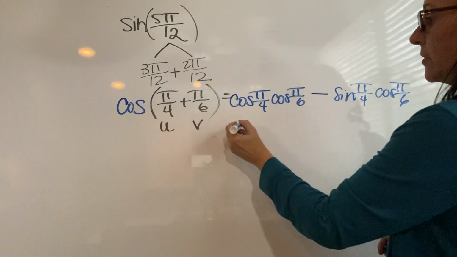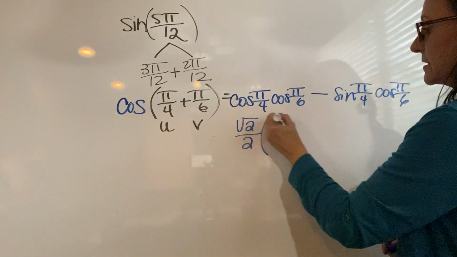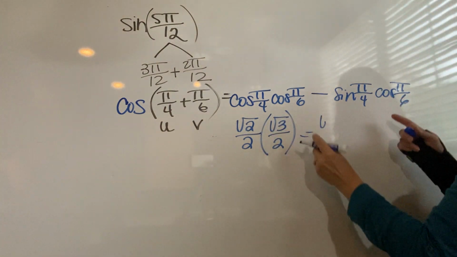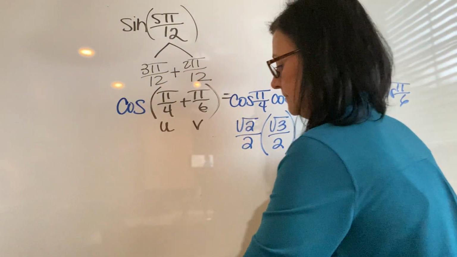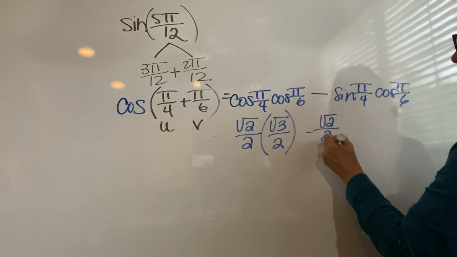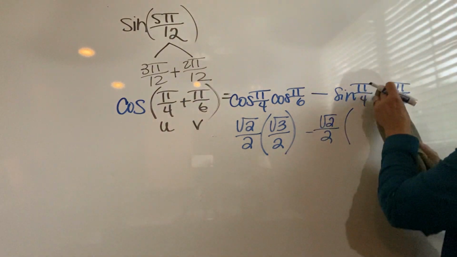Again, using those ratios from the unit circle, pi over 6 is square root of 3 over 2. Sine, square root 2 over 2. And I wrote cosine here, I meant sine.